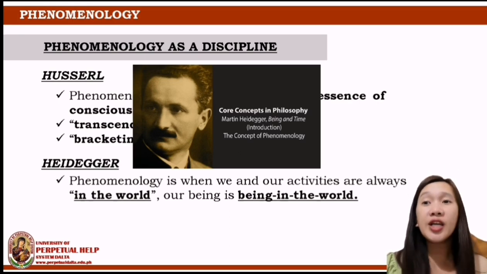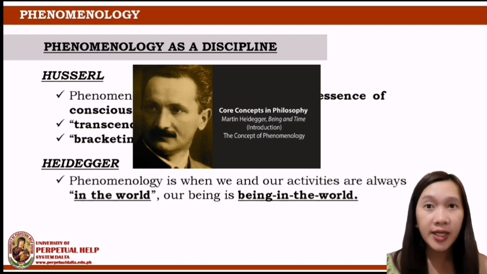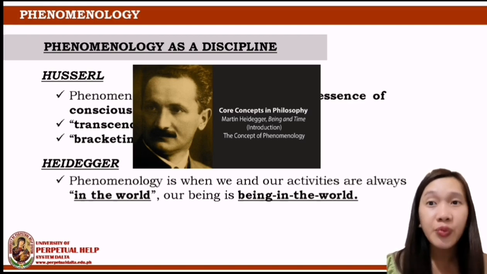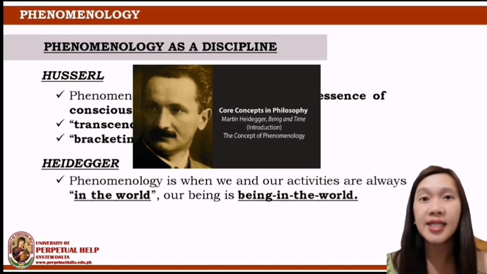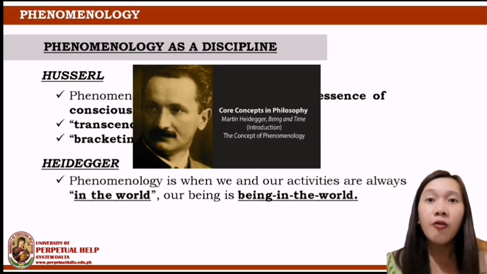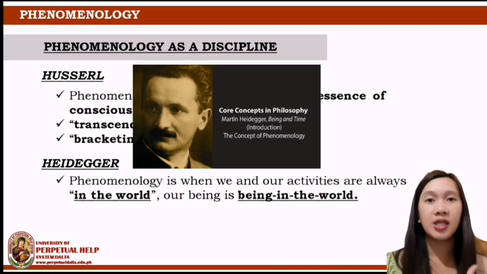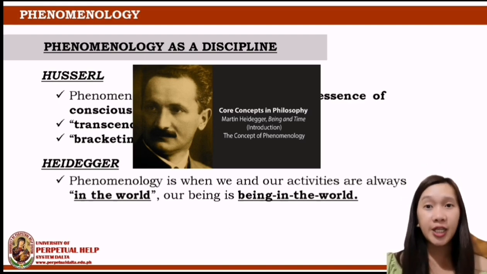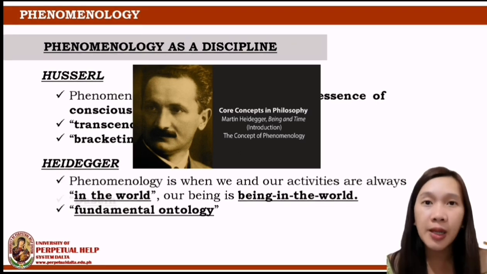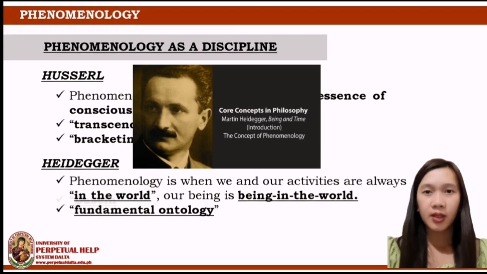So, we do not study our activities by bracketing the world. Rather, we interpret our activities and the meaning of things for us by looking to our contextual relations to the things in the world. Indeed, for Heidegger, phenomenology resolves into what he called fundamental ontology.